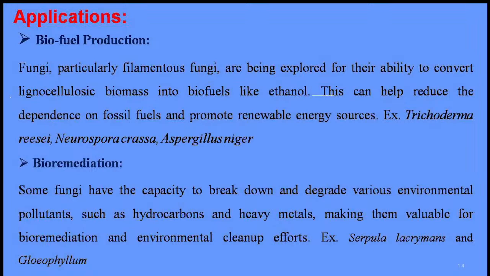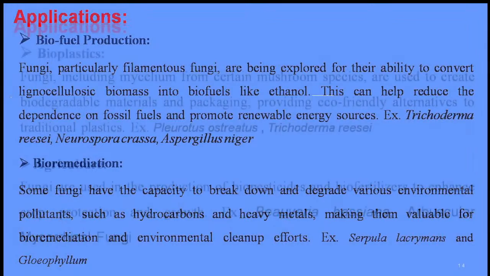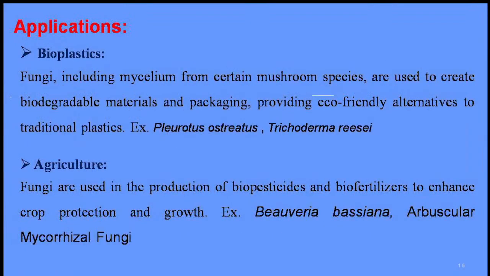Then these fungi can also be used for making bioplastic. Now we know well, nowadays we have a bigger problem of plastic pollution, where we have a solution with the help of fungi, including mycelium from certain mushroom species, which are used to create biodegradable materials and packaging, providing eco-friendly alternatives to traditional plastic.